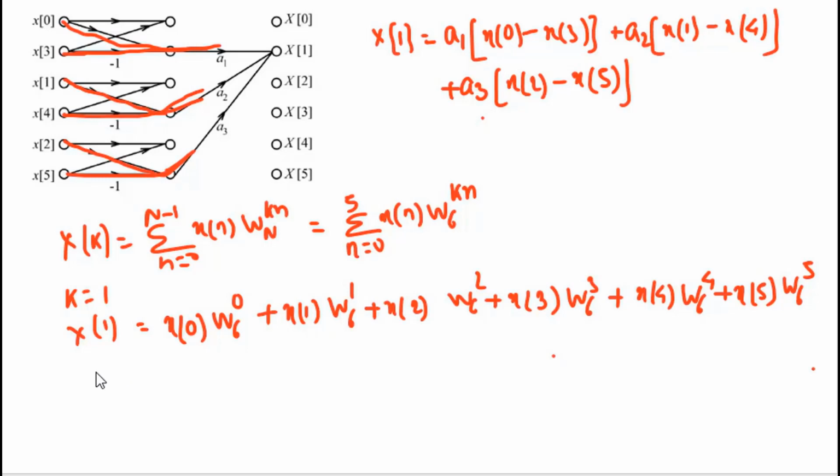The property of this W is that W_N to the power k plus N by 2 is equal to minus W_N to the power k.